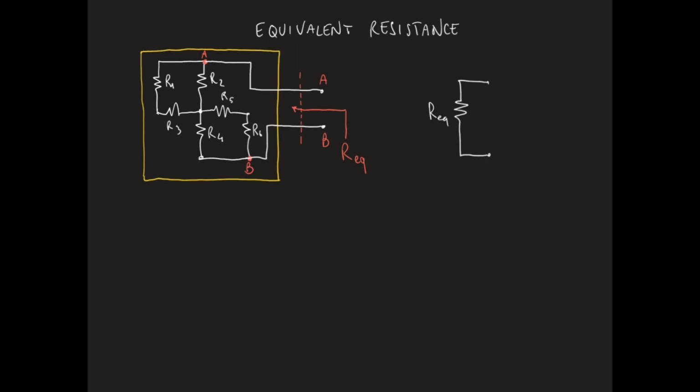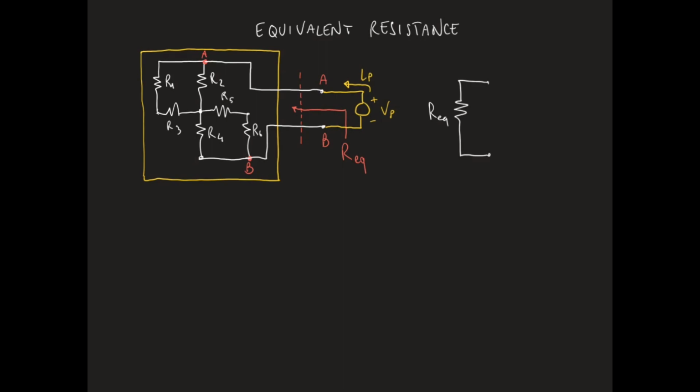Let's apply a voltage source Vp between the terminals A and B of the network. The network will draw some current Ip from the voltage source.